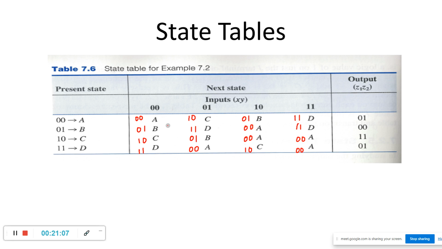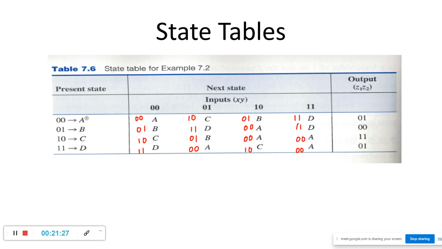So how did I get this state table? It is nothing but relabeling of the states by binary symbols. The state table is written with the help of the transition table.